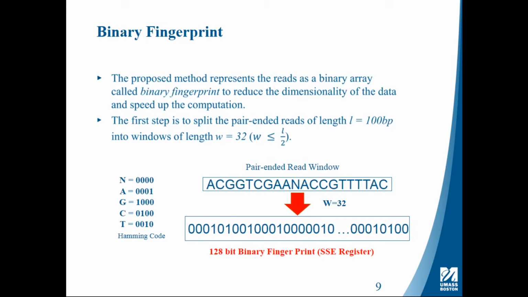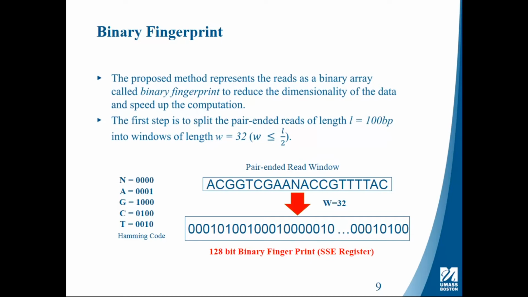So what is a binary fingerprint? A binary fingerprint is an array that represents the read, and we use it to reduce the dimensionality of the data and speed up the computation.